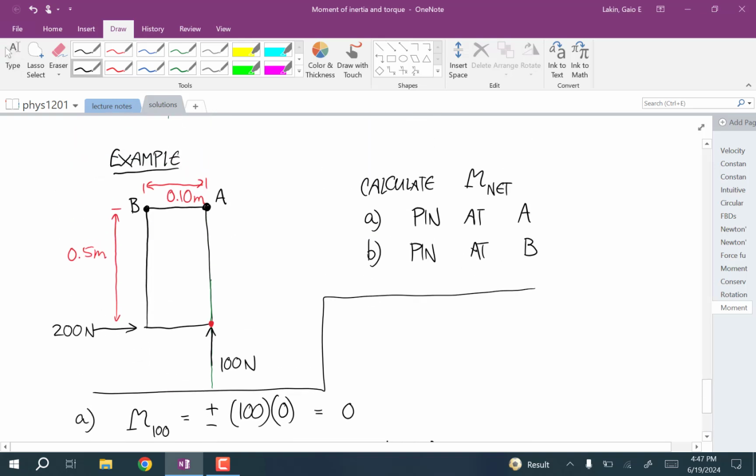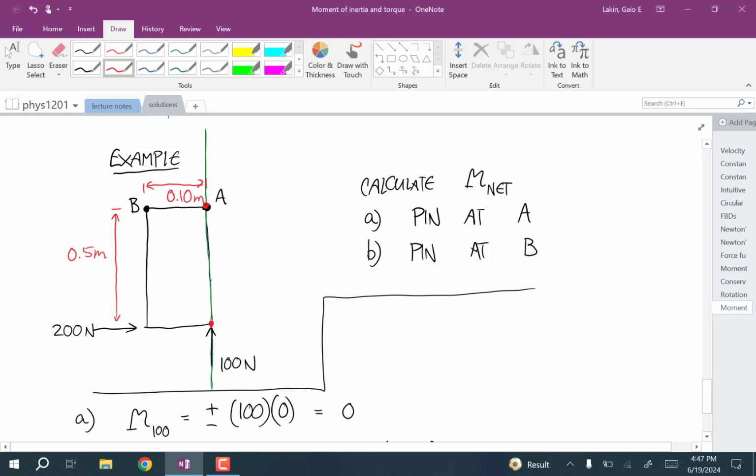Okay, now we have to move. The line of action is the same as it was. I guess I didn't have to erase that. So where do we have to move this 100 Newton force to make the force perpendicular to that line between our hinge and where the force is applied? We'd have to move it to this point here.